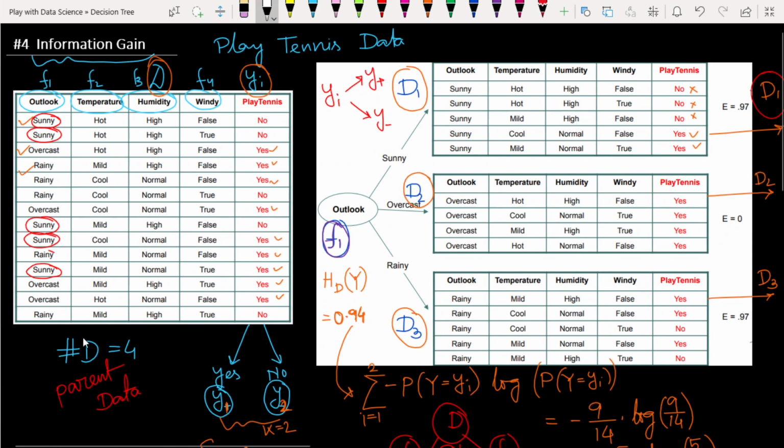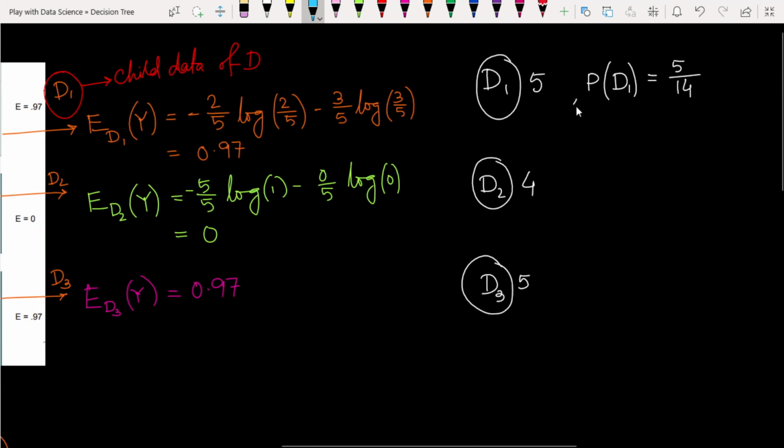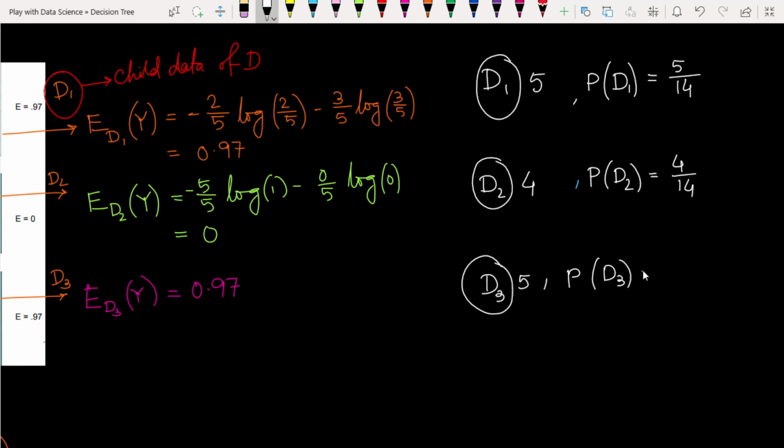The whole data set has a total of 14 points. So the probability of D1 is 5 by 14, the probability of D2 is 4 by 14, and the probability of D3 is 5 by 14.